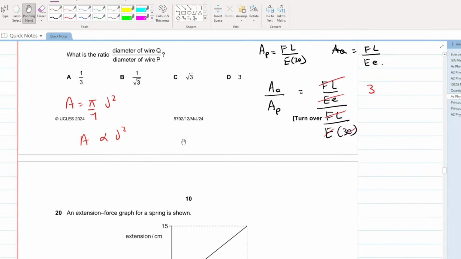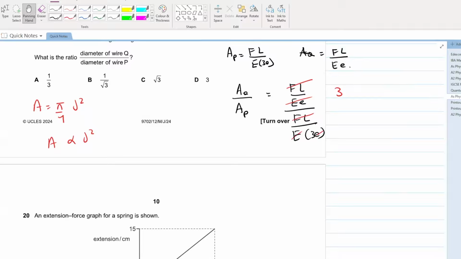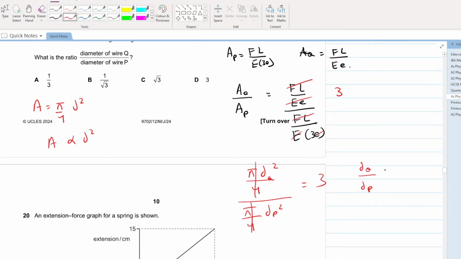Okay, let's keep it simple. Let's keep it digestible for everyone here. Pi over 4 dQ square divided by pi over 4 dP square is equal to 3. Pi over 4 cancels out. Take an under root on both sides. Diameter of Q divided by diameter of P is equal to under root of 3.